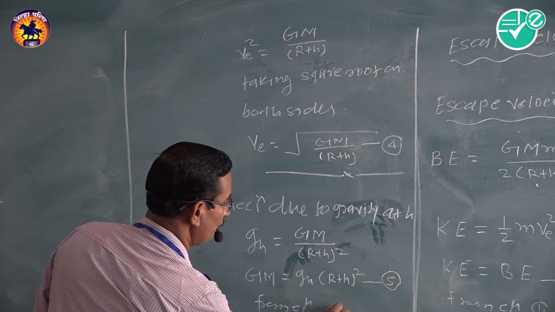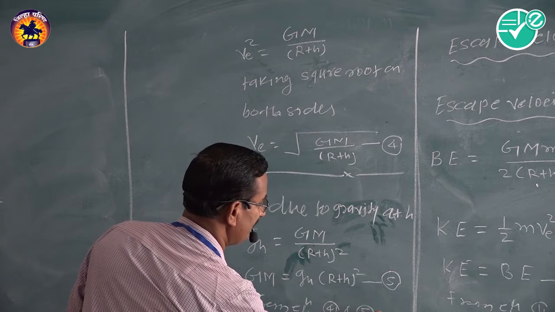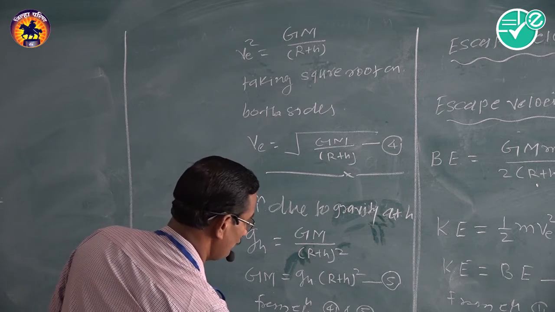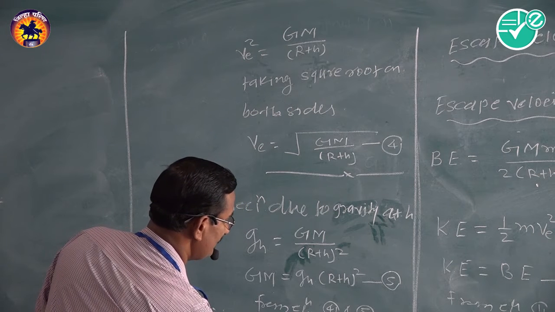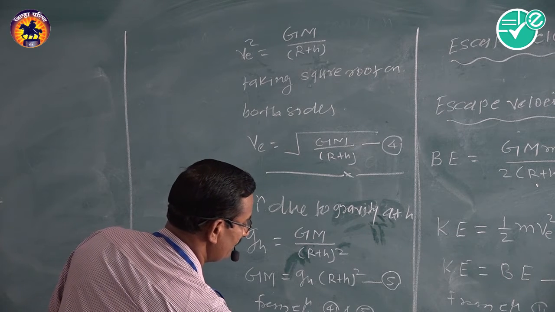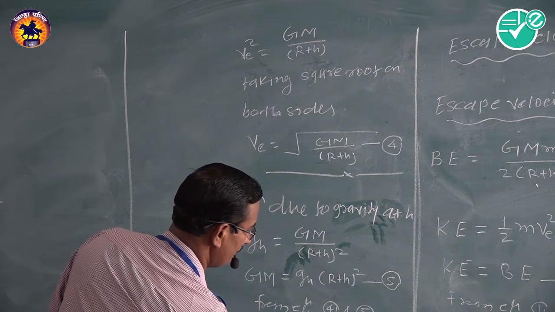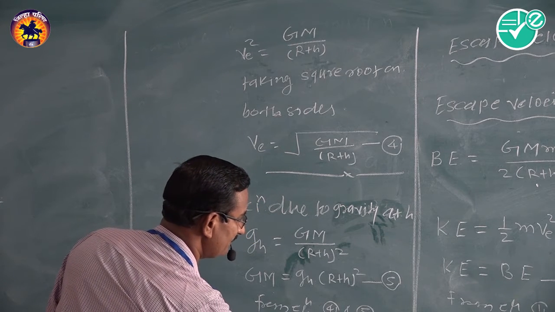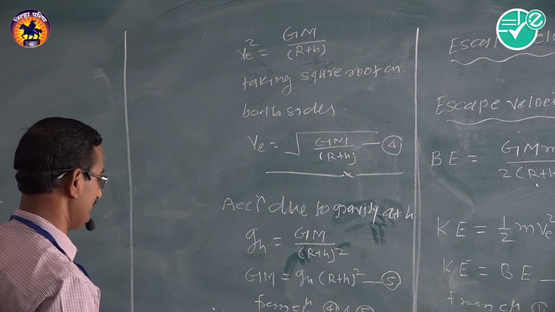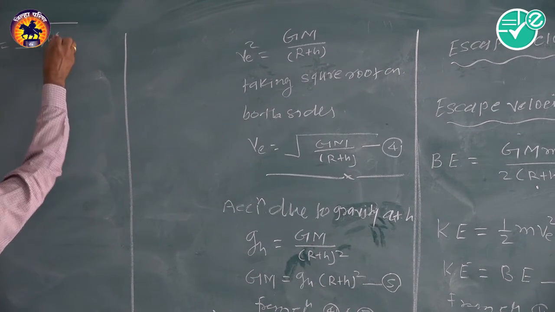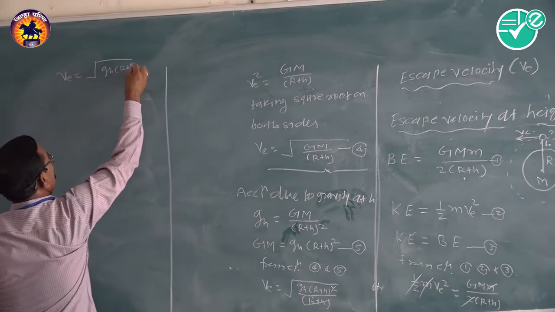Then from equations 4 and 5 we get V_e is equal to under root g_h (R plus h) bracket square upon (R plus h), where one (R plus h) gets cancelled, and the remaining thing is V_e is equal to under root g_h (R plus h).